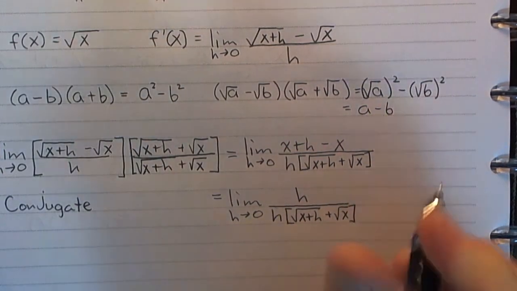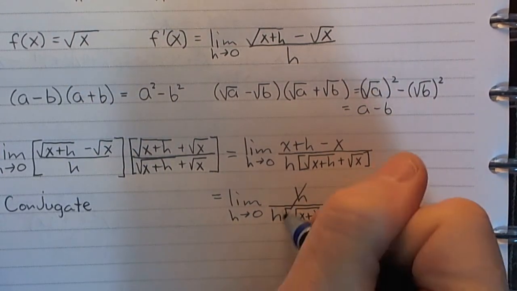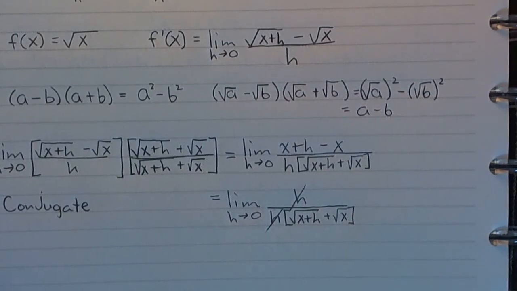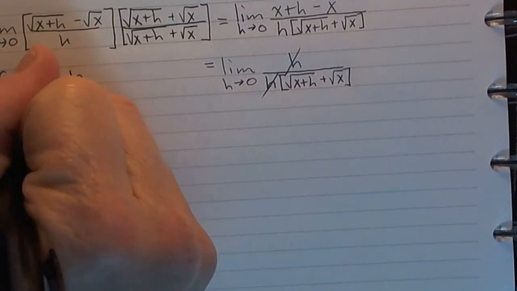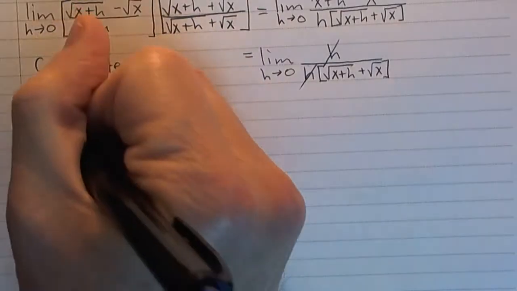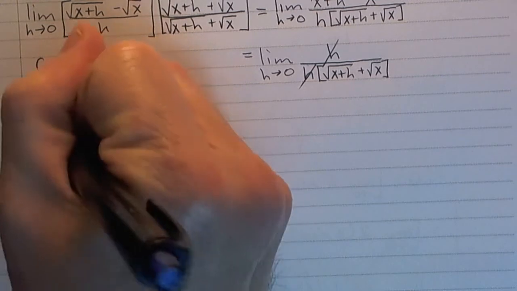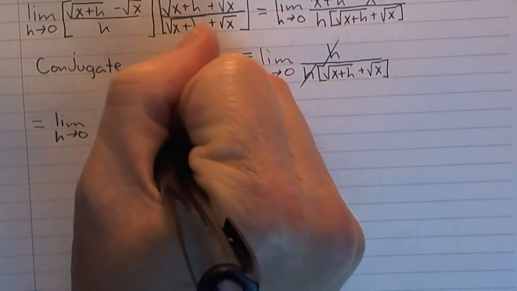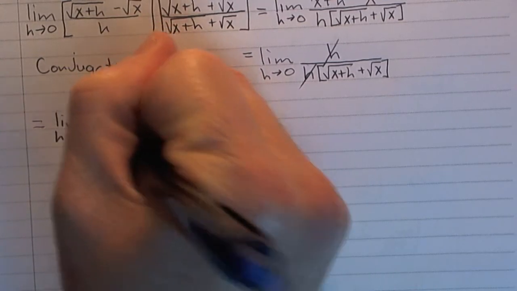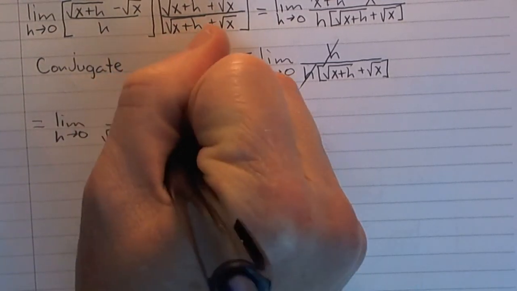Well, this is cool because notice that h cancels. That's really cool because now we are set up to evaluate the limit. We've got the limit as h goes to 0 of 1 over the square root of x plus h plus the square root of x.